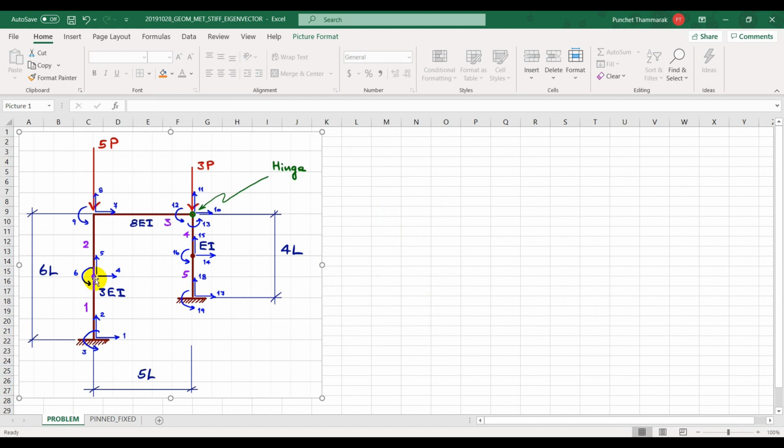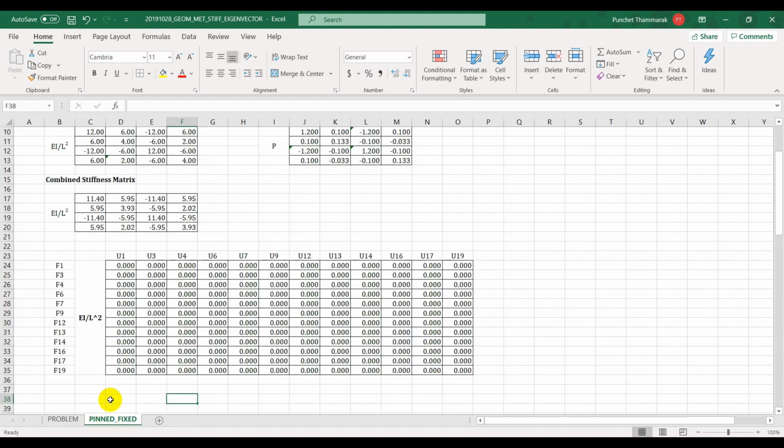So if this is the starting node and this is the ending node for element number 1, then the local degree of freedom is associated with the global DOF 4, the first one. The second one is number 6, and 1 and 3. 4, 6, 1, 3. So I note it 4, 6, 1, 3 like this.